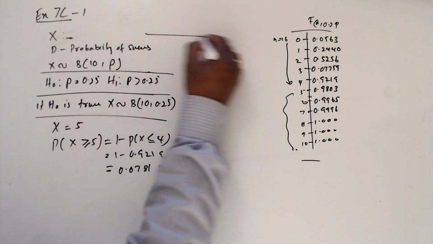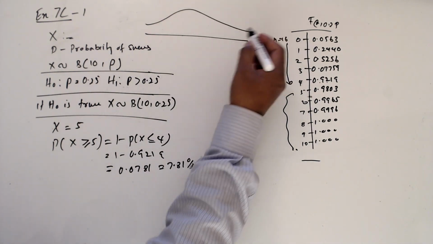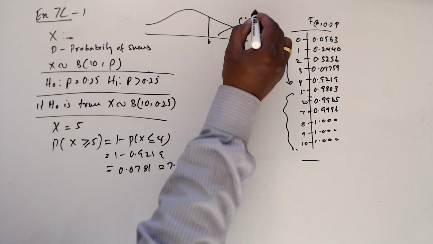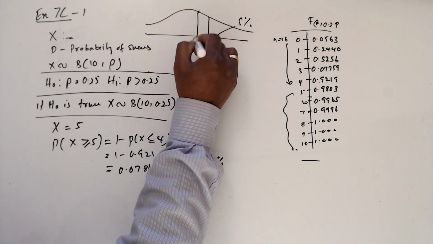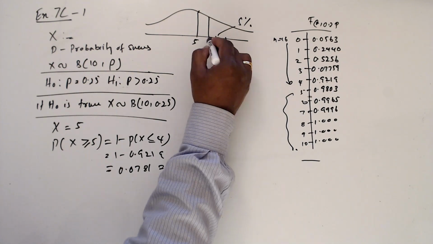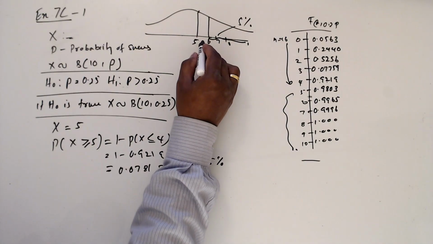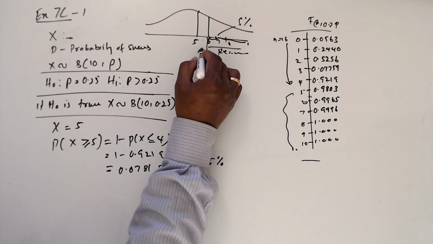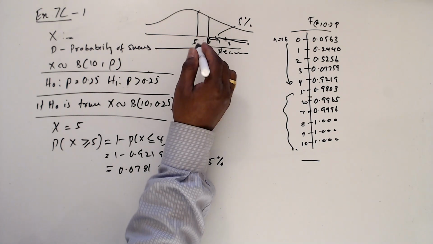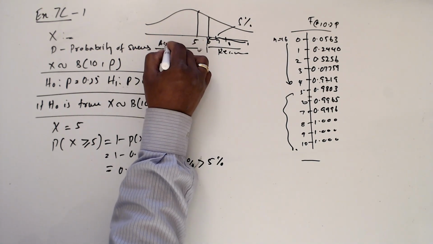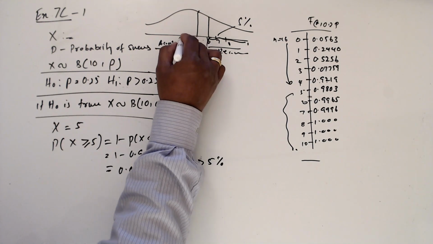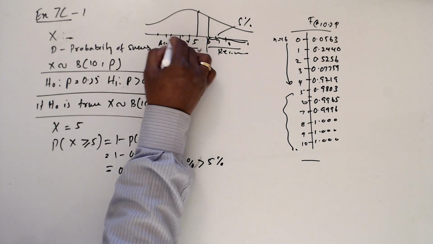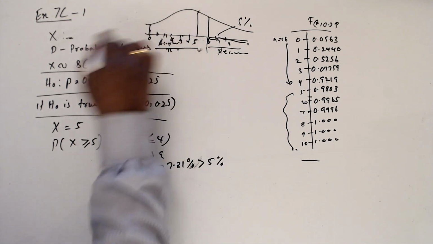On the distribution, up to 5%: so 5, this is 6, 7, 8. The critical region is here, and this is the rejecting region, and 5 or less is the accepting region: 5, 4, 3, 2, 1, and 0.